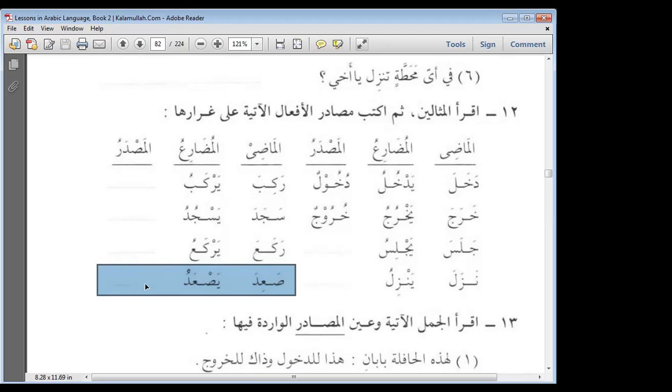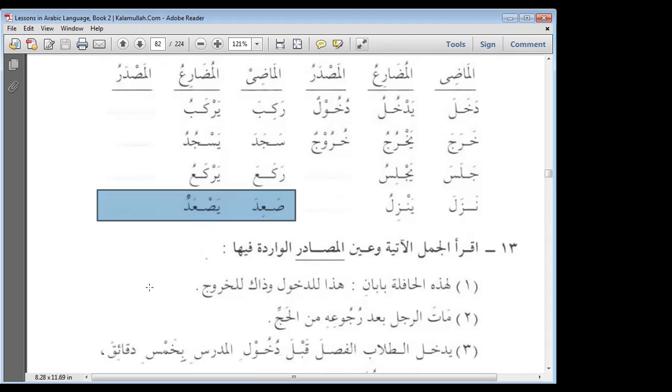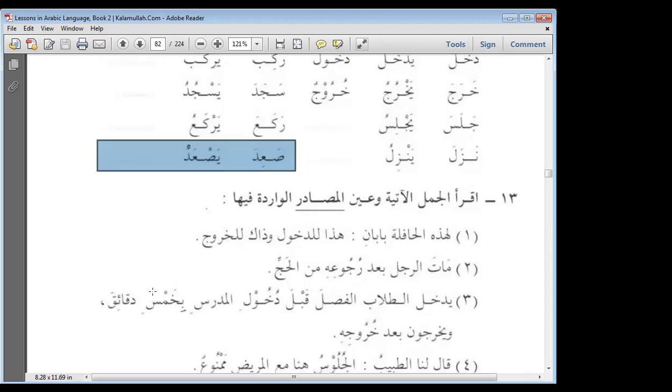So Sa'ida means to ascend or to rise. Sa'ida, yas'adu, su'udun. Any problems with that?